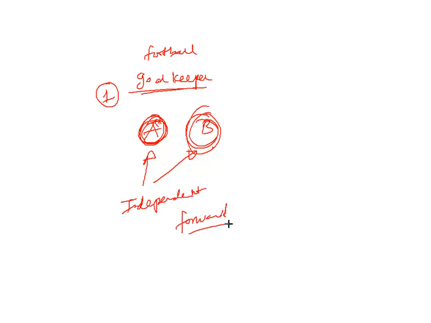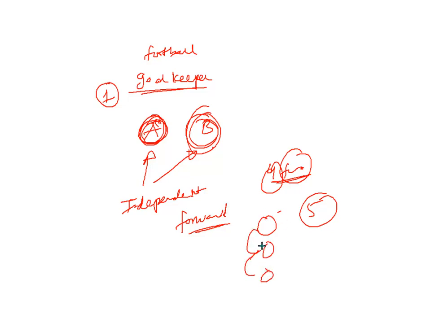Now there can be an example of independent events wherein you are selecting forwards. Now let's say suppose the team is playing with 4 forwards, and there are like 5 forwards in the team. The choice of one forward is not related to the choice of other forward, assuming no strategy etc. is in place. So whatever the coach has to select one player out of 5.